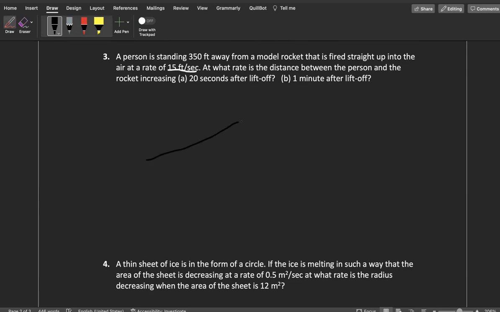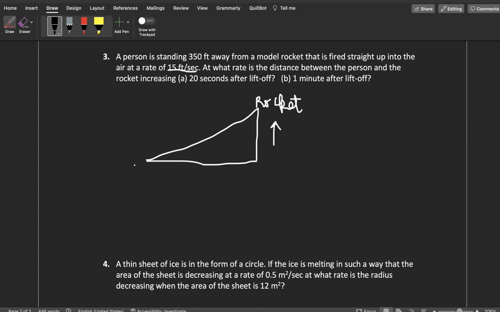So let's say we have, once again, a triangle looking like this, illustrating our problem. So the rocket is being shot straight up, so it's somewhere here. Okay. The person is at this end here.